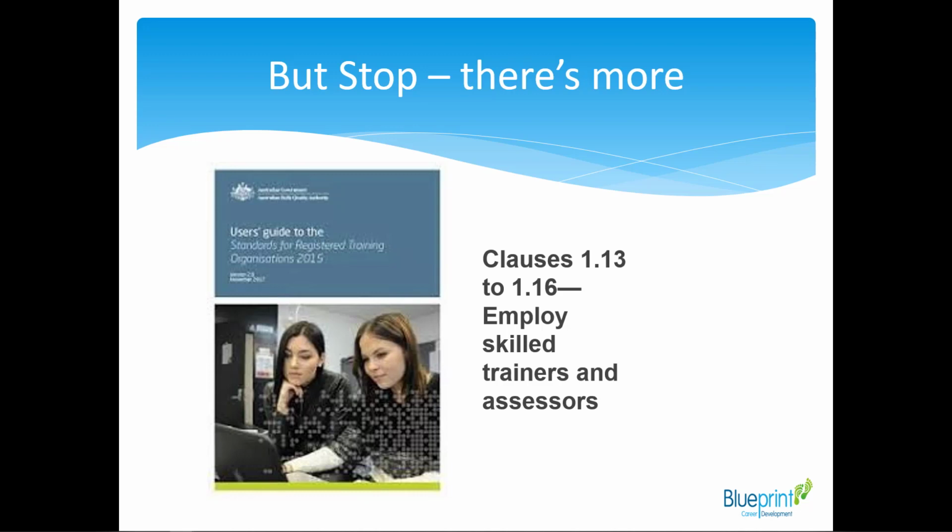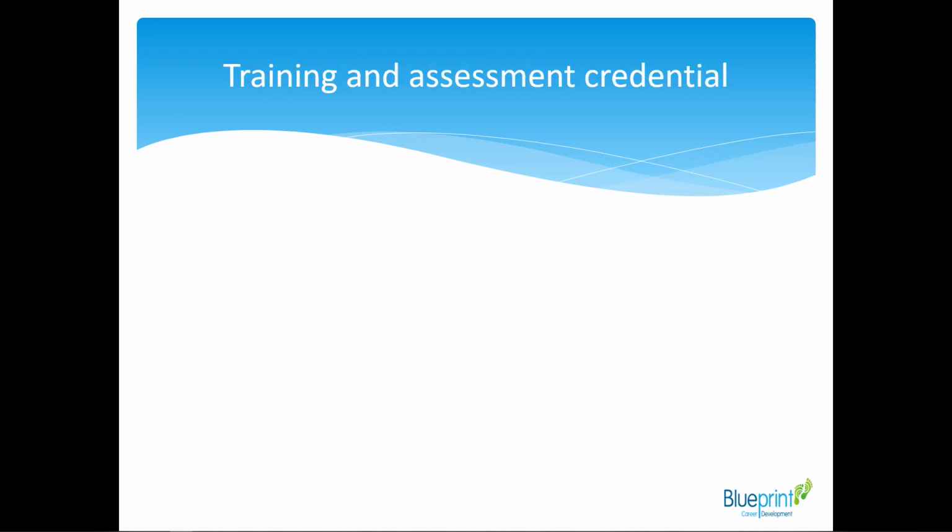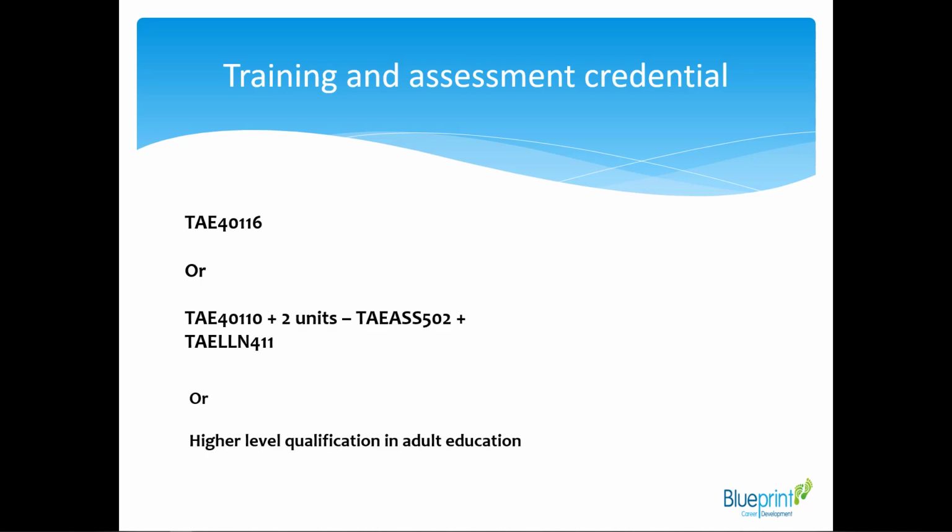This framework states that trainers and assessors must hold the required training and assessment credentials. These credentials include the TAE40116, and that's the pathway that you're on, or you may hold a TAE40110 plus 2 additional units, TAEASS502 and TAELLN411, or you may hold a diploma or higher level qualification in adult education, with the emphasis on the words adult education.